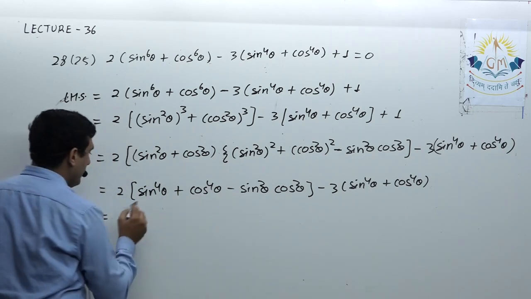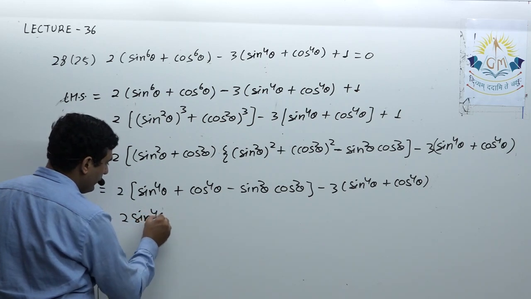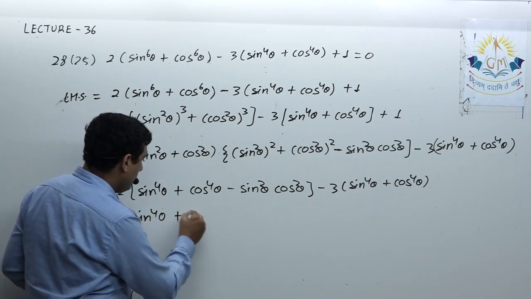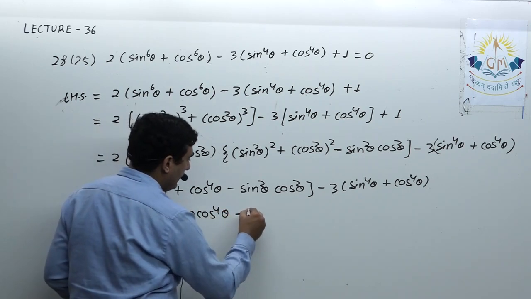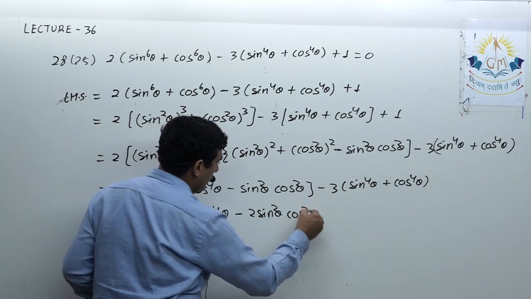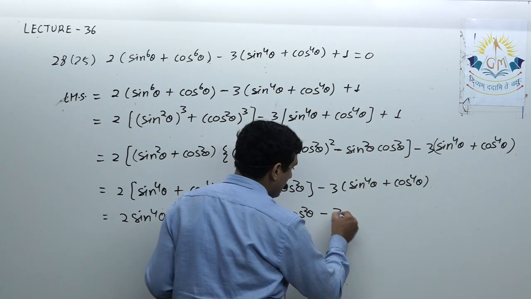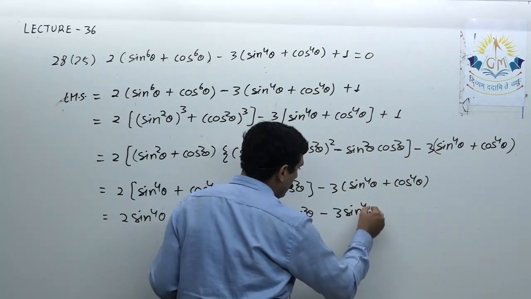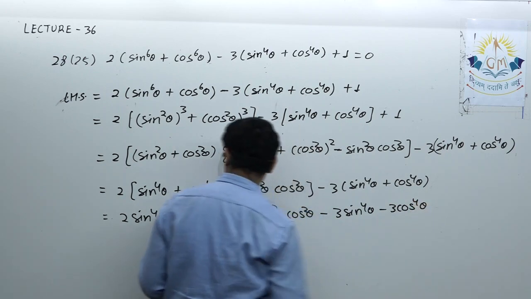Expanding, we get sin raised to 4 theta plus cos raised to 4 theta minus sin square theta cos square theta, minus 3 sin raised to 4 theta minus 3 cos raised to 4 theta.